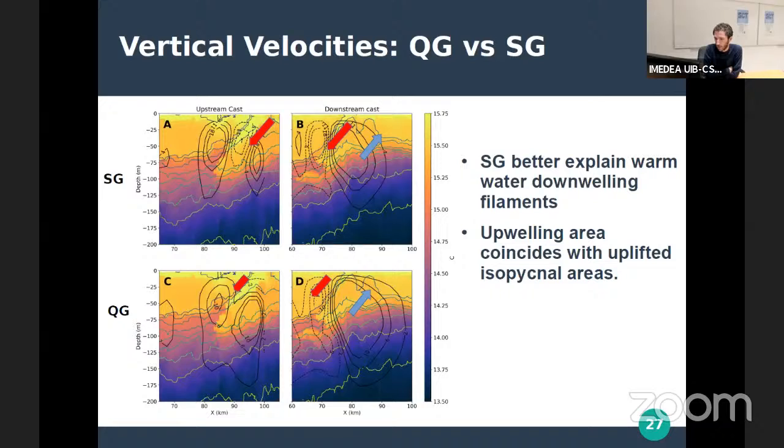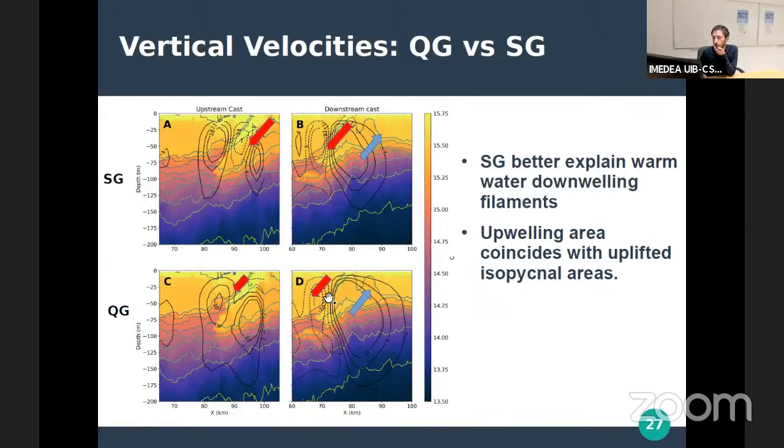The continuous line is the positive vertical velocity, and the dashed line is the negative vertical velocity. And you can see how the SG agrees much better with the downwelling, especially in the upstream cast. Instead, the QG is missing this downwelling, especially for the upstream cast.